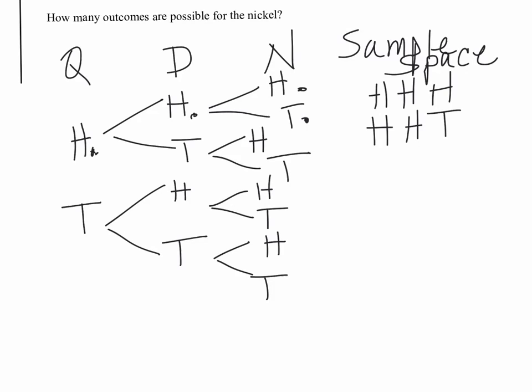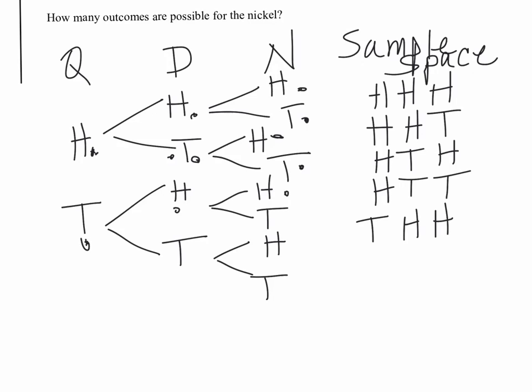Then head, tail, head, and head, tail, tail. Okay, down to the bottom of the quarter, you have tail, head, head, tail, head, tail, tail, tail, head, and tail, tail, tail.